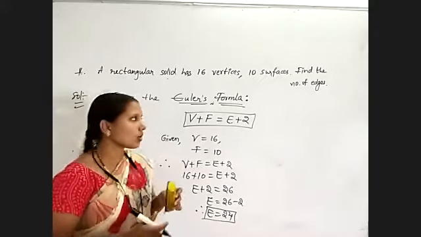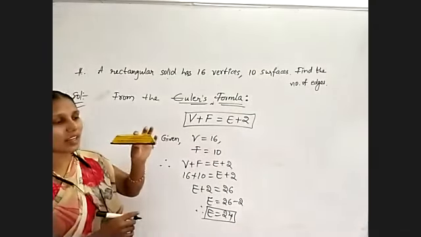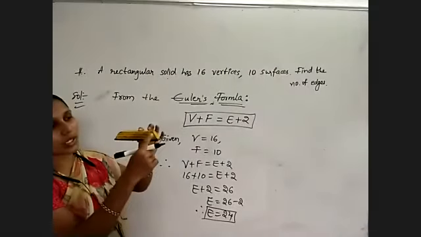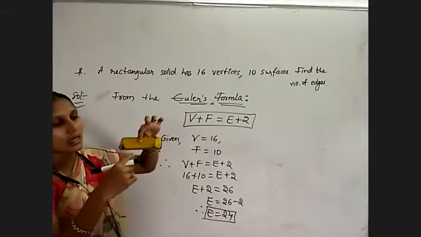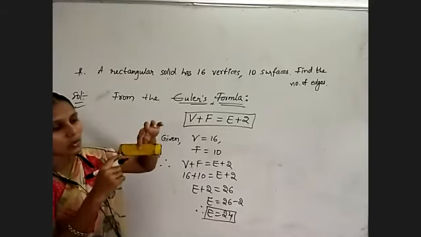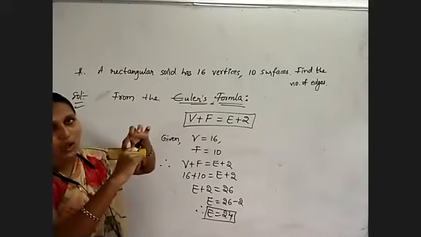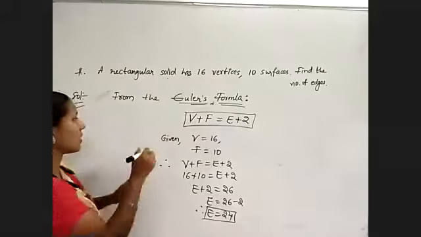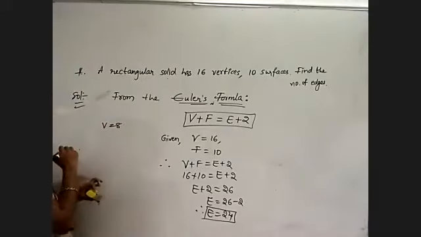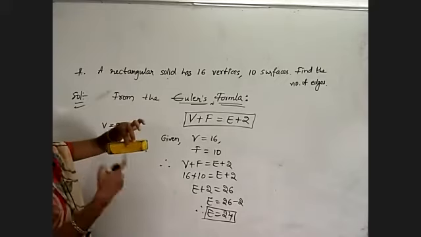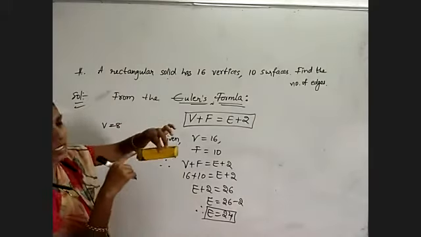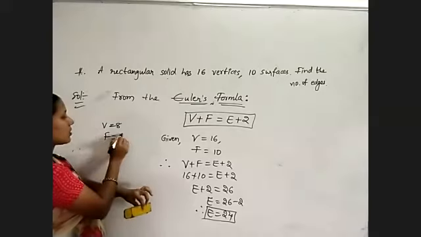Okay, so total how many vertices are there? 1, 2, 3, 4, 5, 6, 7, 8. 8 vertices. If you put this side, these two corners are already covered. This side is also already covered. So that's why only 8 vertices. And how many faces are there? 1, 2, 3, 4, 5, 6. So faces equal 6.